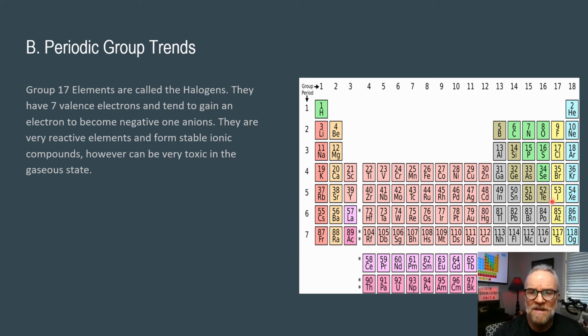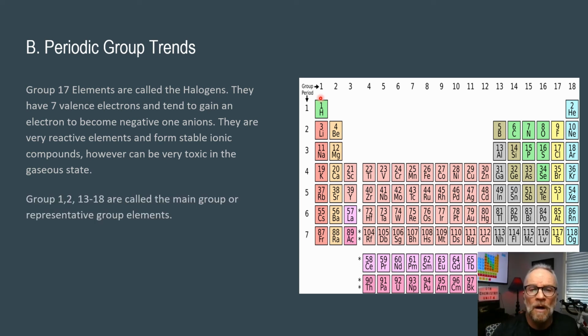In the gaseous state, they can be very toxic. You don't ever want to be exposed to fluorine or chlorine gas. Those can be very deadly gases indeed. And so even though we use fluorinated water and chlorinated water to drink, in the gaseous state they can be really toxic.